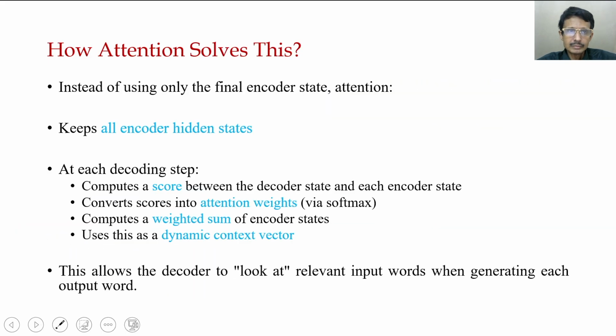For each decoding step, we compute a score between the decoder state and each encoder state, and convert this score into an attention weight as well. It then computes a weighted sum of the encoder states and uses this as a dynamic context vector. Now this is very important.